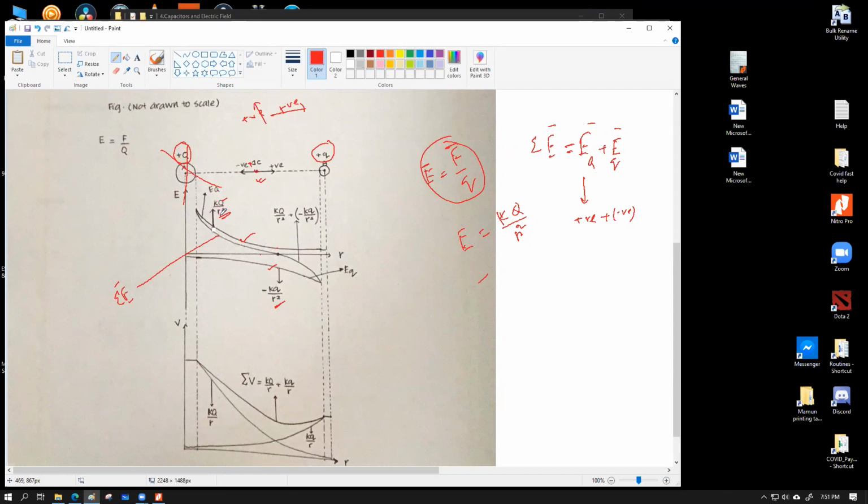But if you think about the actual measurement of R, this R represents the distance from the center to this point, whereas this R for this object would represent the distance from the center of this object to this point. So each of the individual distances is measured from the center of the charged body to the relevant point that you are considering.